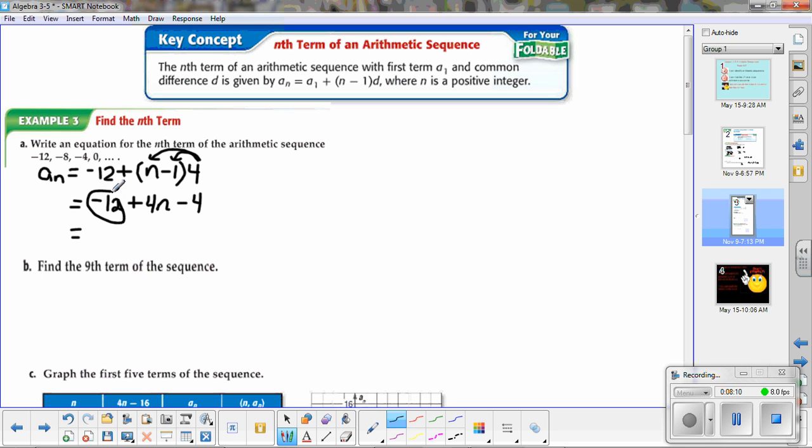The negative 12 and the negative 4 we're going to put together as one number. And this 4n we're going to leave by itself, and we're going to put that term first actually, because the variable term goes before the constant term. Negative 12 plus a negative 4 is negative 16. So a sub n is going to equal 4 times the number of the term you're looking for minus 16.